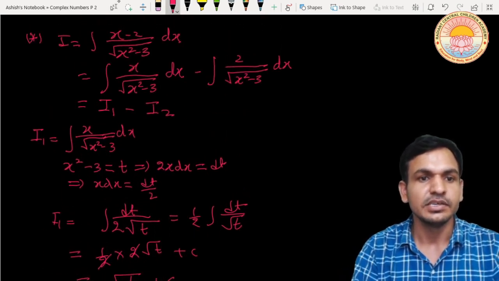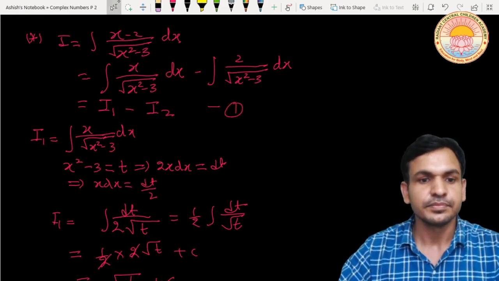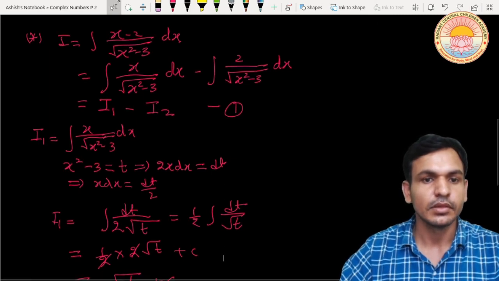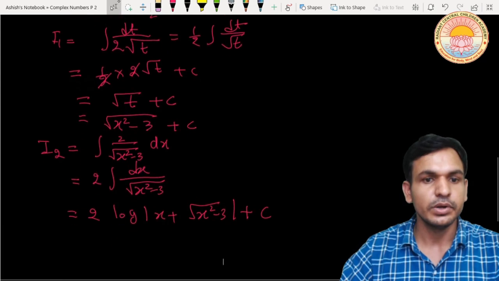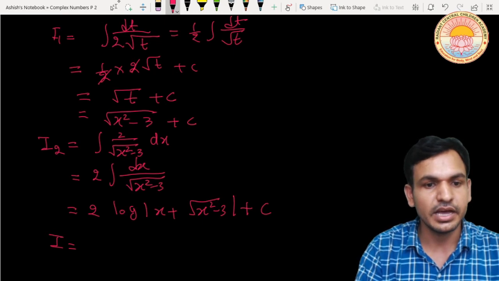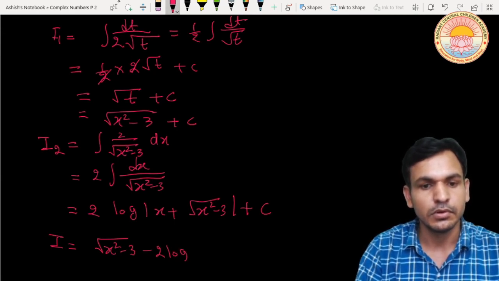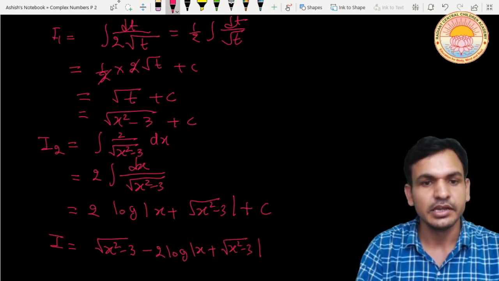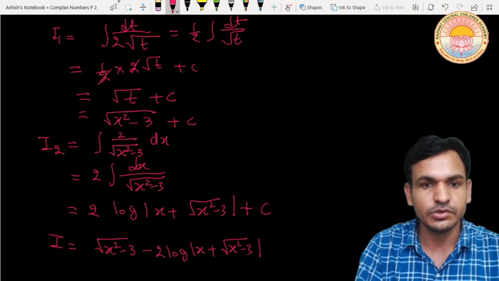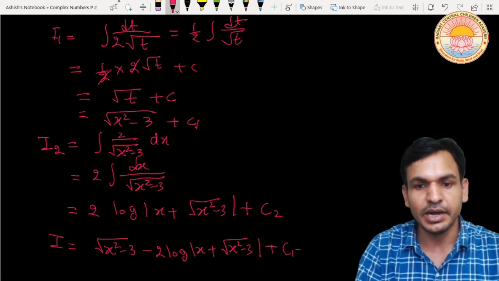So putting these values here in equation number first, we will get I is equal to root x square minus 3 minus 2 log mod x plus square root of x square minus 3, and since we are getting two constants, let this constant be c1 and this constant be c2, then we will get c1 minus c2.